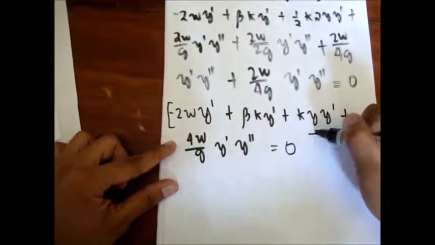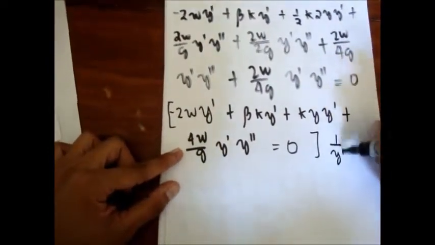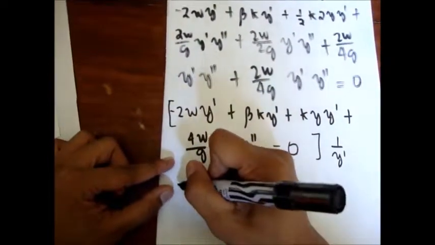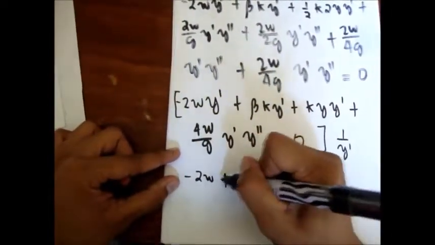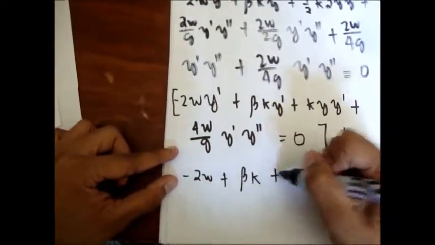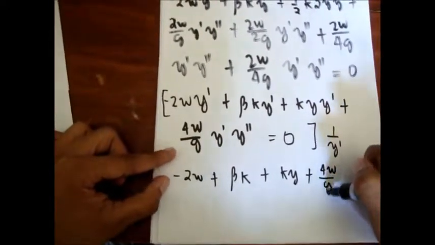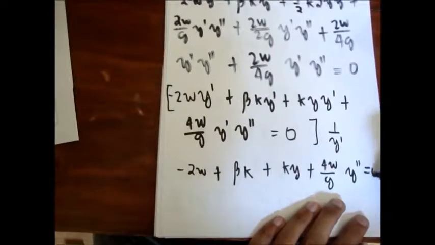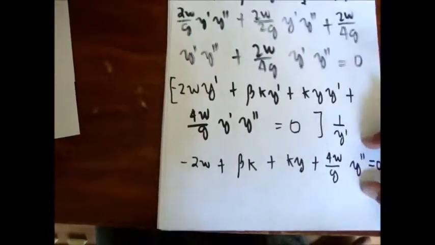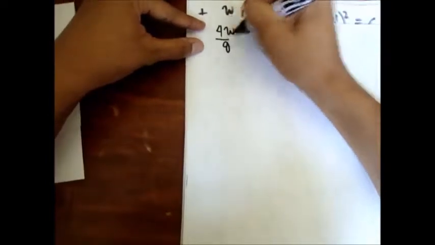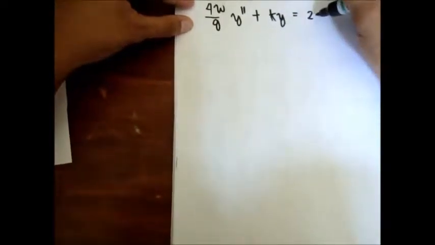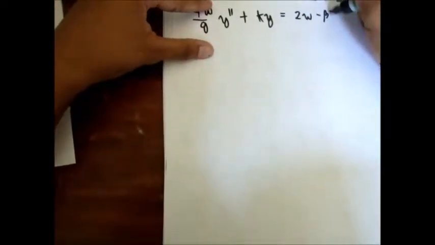From this, we will divide by y prime. And we get negative 2w plus beta k plus ky plus 4w over g y double prime equals 0. From this, we will make this into a linear differential equation. 4w over g y double prime plus ky equals 2w minus beta k.